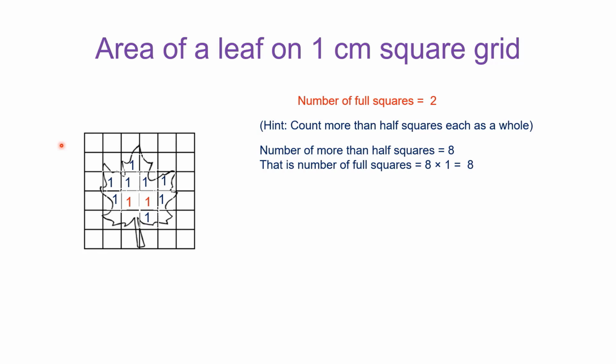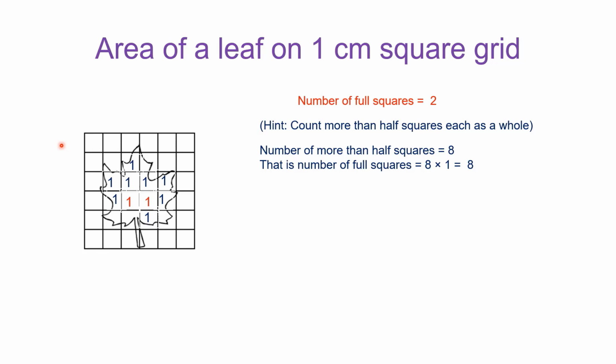Number of more than half squares equals 8. That is, the number of full squares equals 8 multiplied by 1, because each more than half square is to be considered as a whole. So 8 multiplied by 1 equals 8.